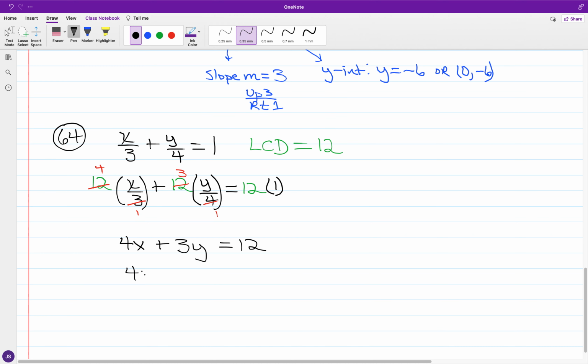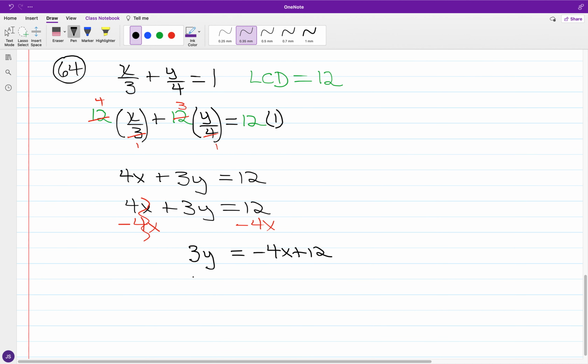And then getting the y term by itself, once again, I can move the x term over. Upon subtracting 4x, we have 3y is equal to -4x plus 12.